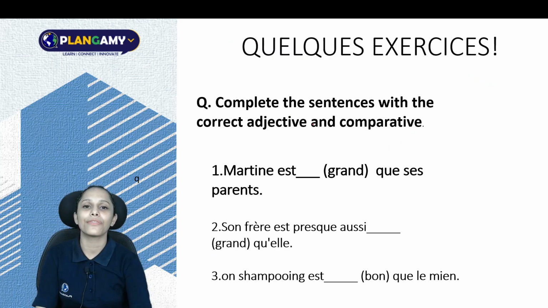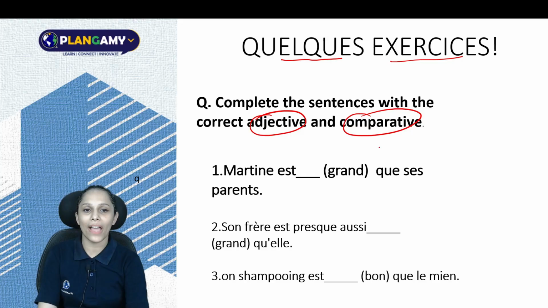Here we have quelques exercices. So we come to the exercise section. It says, complete the sentences with the correct adjective and comparative. So these are your adjectives, alright? And you have to use the correct comparative.